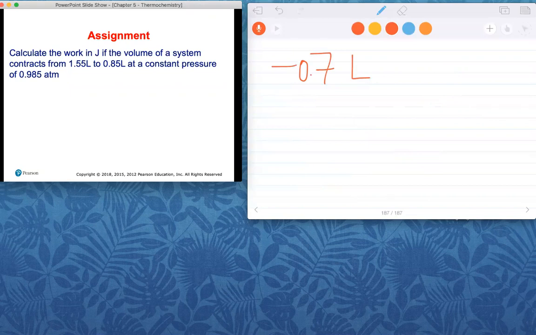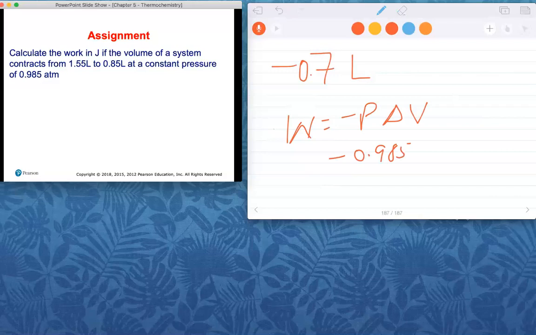Work is given by negative P times change in V, so negative 0.985 ATM times negative 0.7 liters.